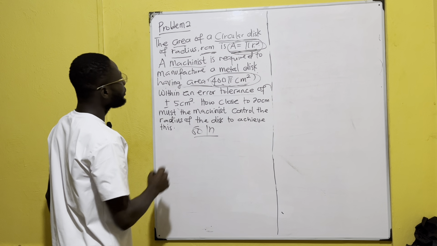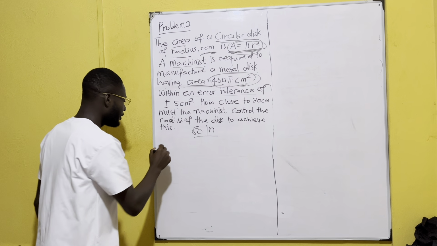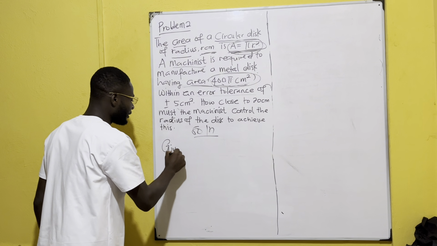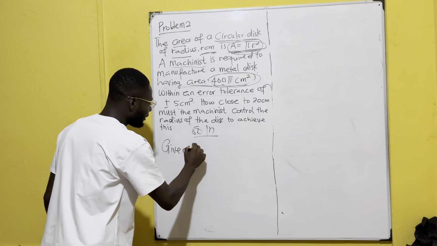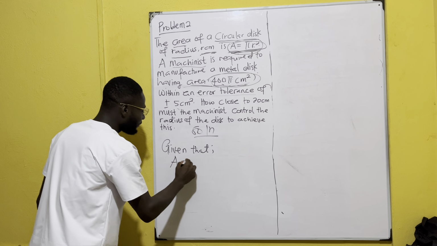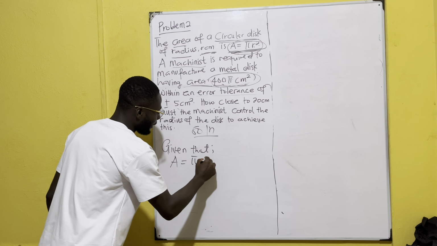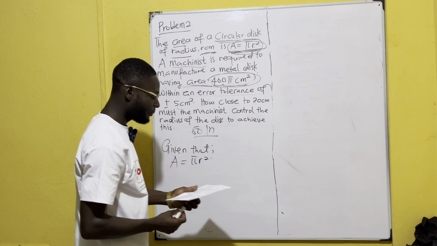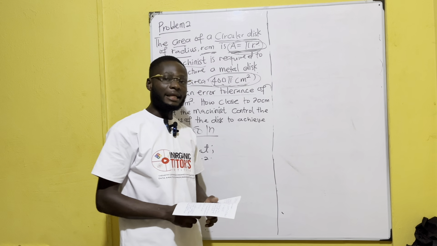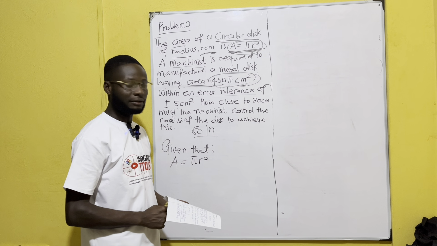Okay, so we know that the area of the circular disc, so this is your presentation, given that your area of the circular disc is pi r squared. So the area of a circle is pi r squared, right?